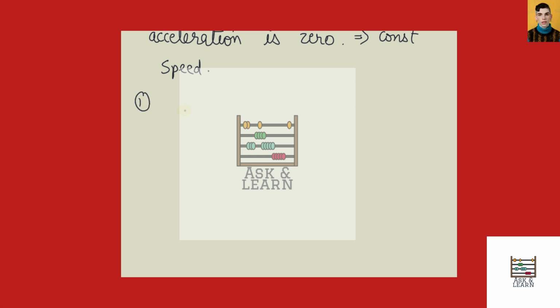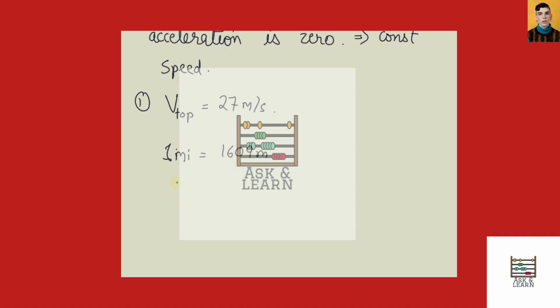Now in the first part, they are asking us to find out the top speed in miles per hour. So we have V top equal to 27 meters per second. Now let us see the conversion. I know 1 mile is 1609 meters.